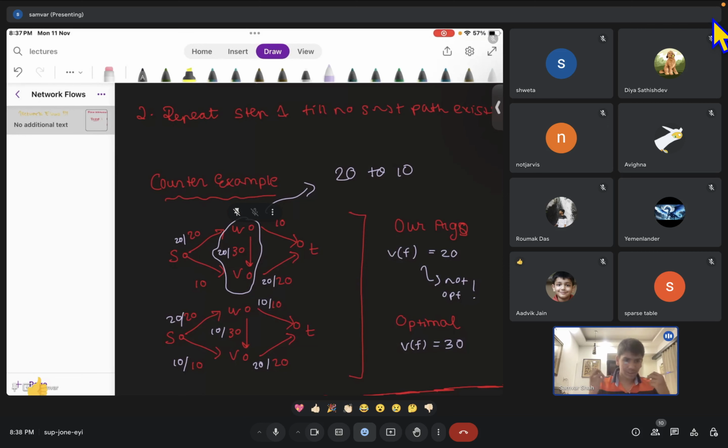If I can take out 10 flow from here and then push the 10 back in here, I'm getting exactly what I want. So this concept of undoing flow is what led to the brilliant algorithm given by Ford and Fulkerson. So does everyone intuitively see that this is not a bad greedy algorithm? If we can incorporate the undoing aspect, it's going to work, right?